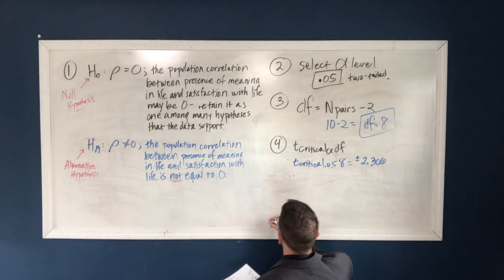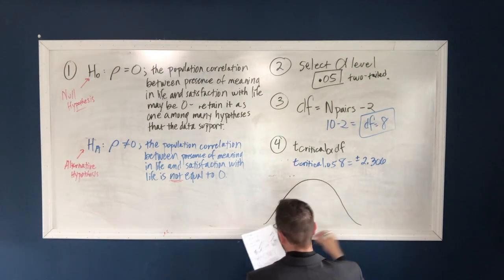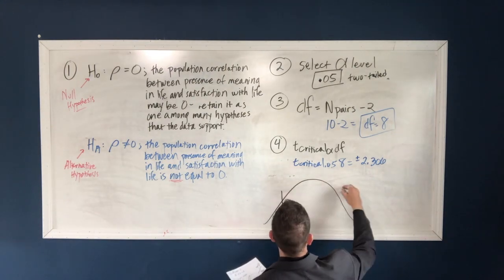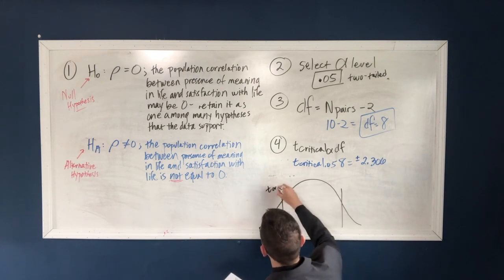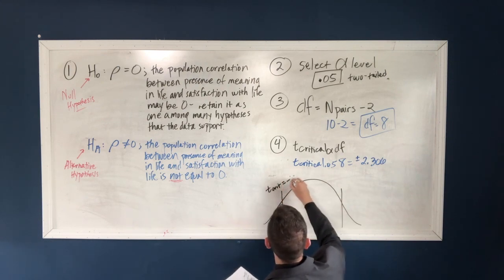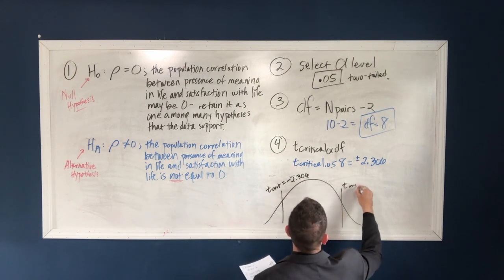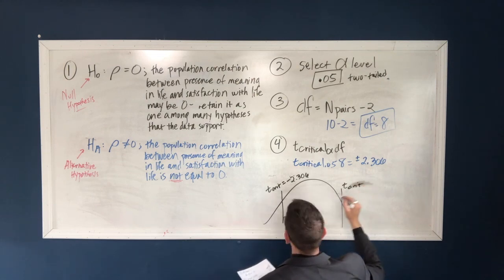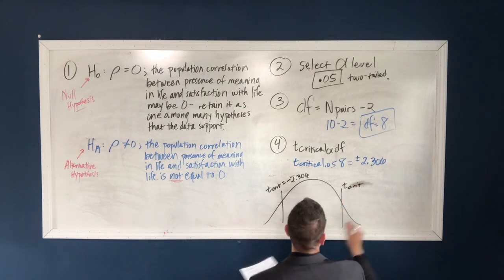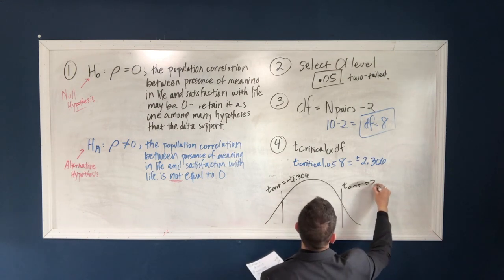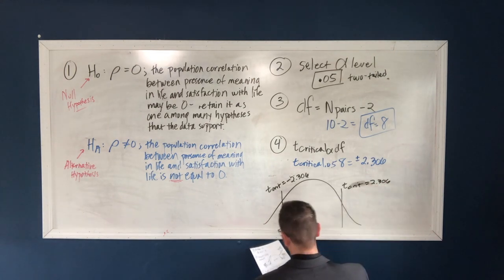Okay, we're going to draw a little curve here, and we're going to put our t critical. T critical is equal to negative 2.306. T critical, I'm just going to abbreviate it as crit. T crit equals 2.306.